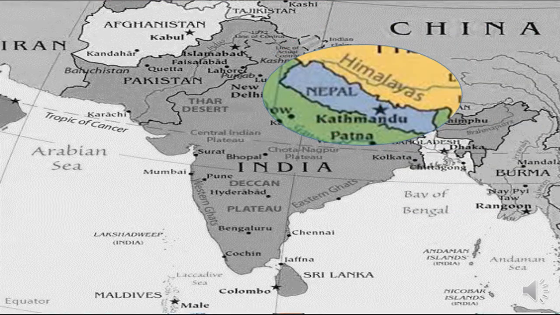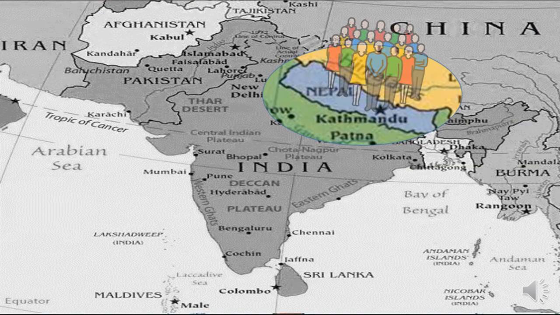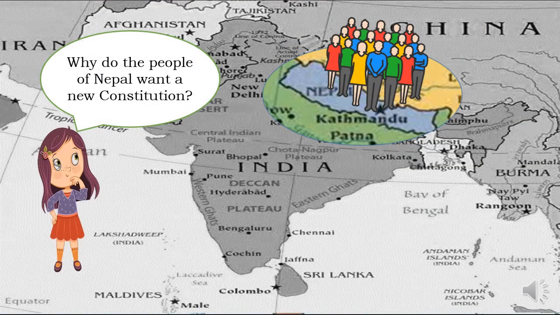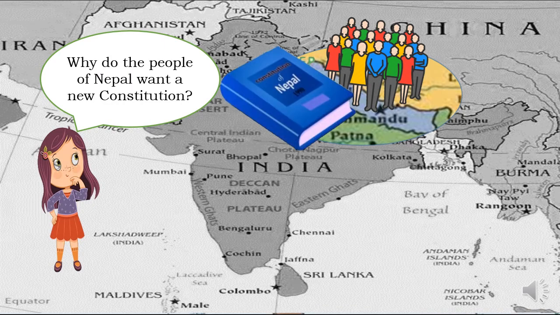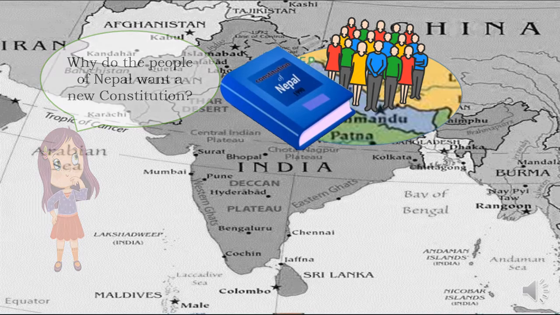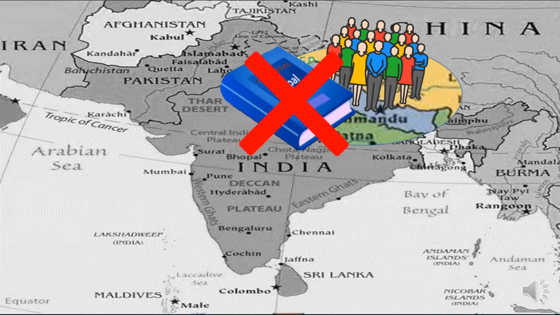Children, you must be wondering, why do the people of Nepal want a new constitution when they had the previous constitution of 1990? The answer to this is the people of Nepal did not want to continue with the previous constitution because it did not reflect the ideals of the country that the people wanted it to be.